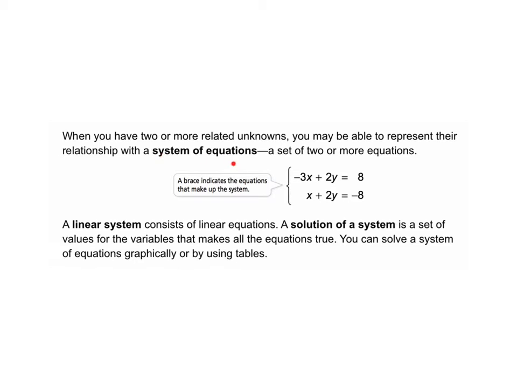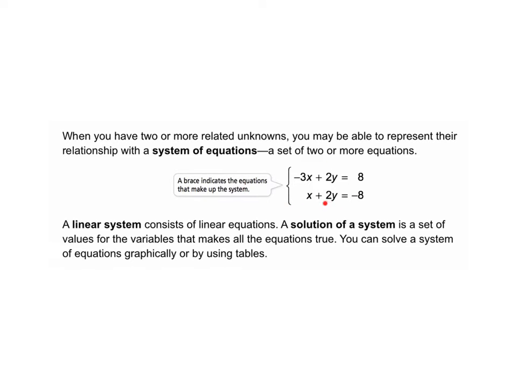Okay, so a system of equations is when you have two or more unknowns, such as x and y. Most of the time, systems of equations will look like this, where we have two equations with two variables in each, and we have this brace or bracket here showing that they go together.